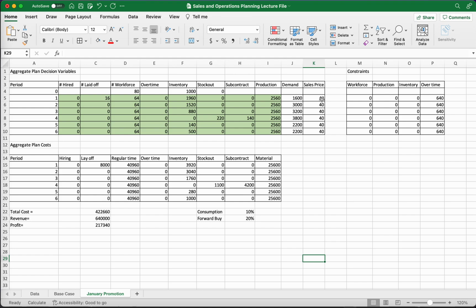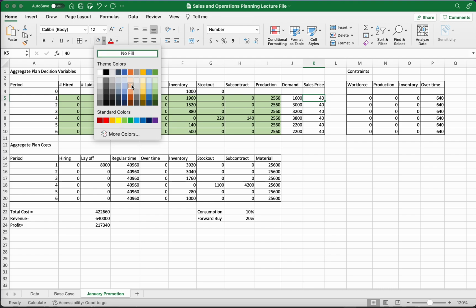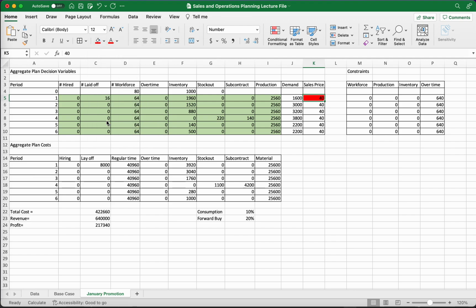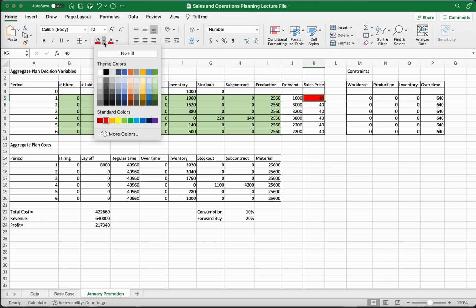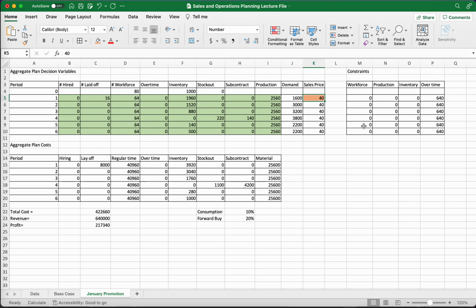And the other thing to remember is that the sales price is going to be lower. So we'll assume that a promotion is in January. I'm going to mark this, so let me color this with red. Maybe that's a bit too bright. Let's do red, yeah.